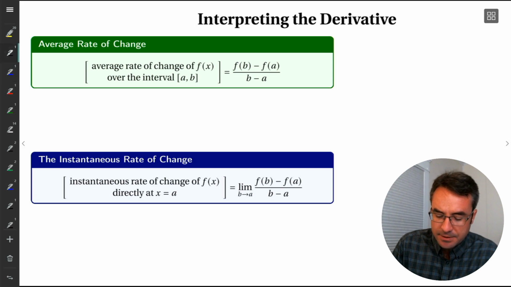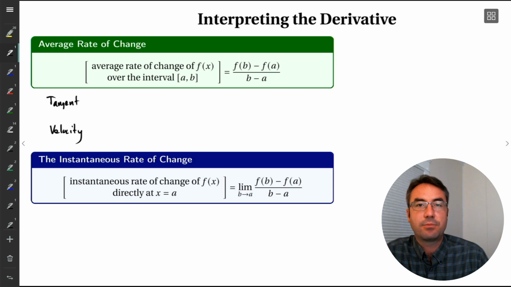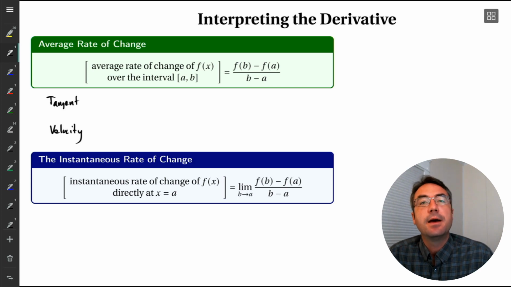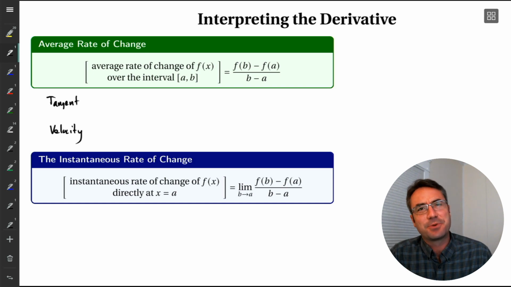And so we've looked at this, like I said, in the tangent problem and then in our velocity problem. So how do we find the slope of the tangent line? How do we find the instantaneous velocity of an object moving in a straight line? Those were the two main examples that we started with that led us down the derivative rabbit hole.